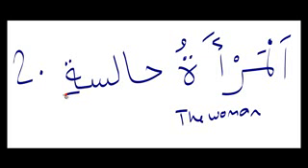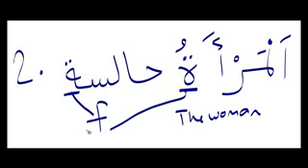So this little ta right here and this ta right here tell us that these words are feminine words. And that is how we get them both to agree in gender, by making sure that they are both feminine, so that the mubtada again agrees with the khabar. Jalisatun. Al-mar'atu jalisatun, the woman is sitting.